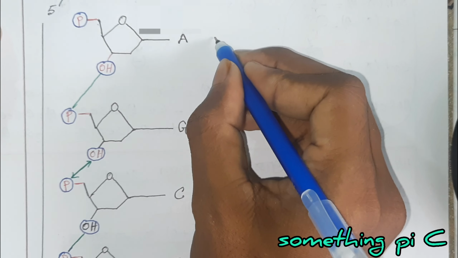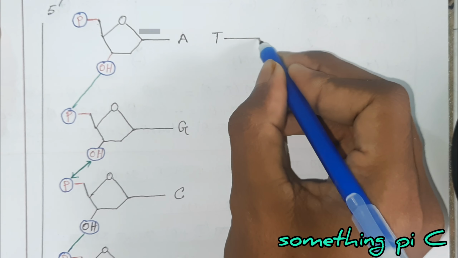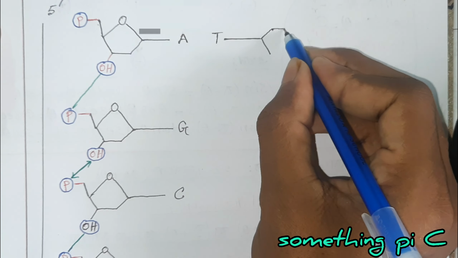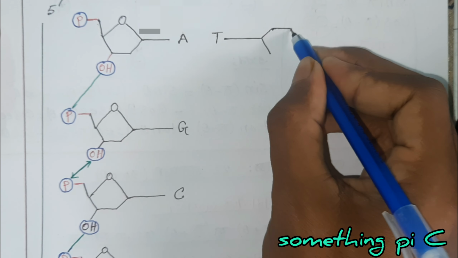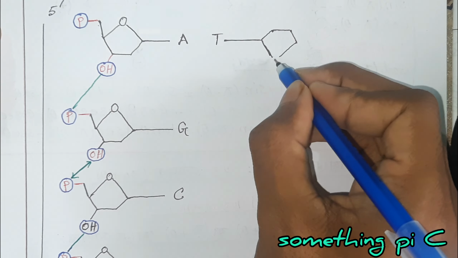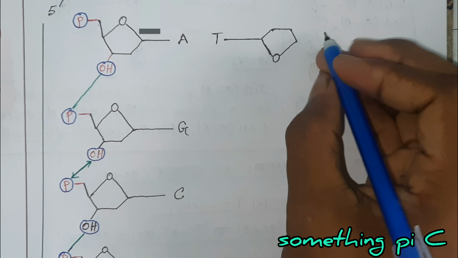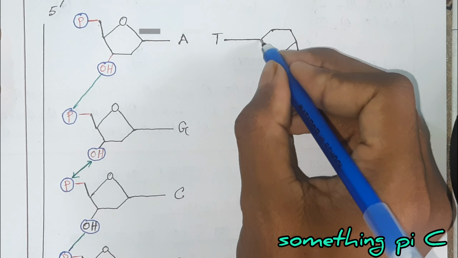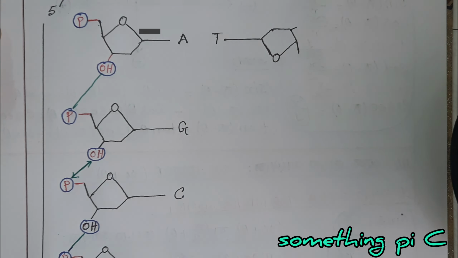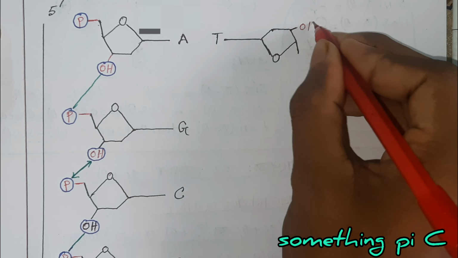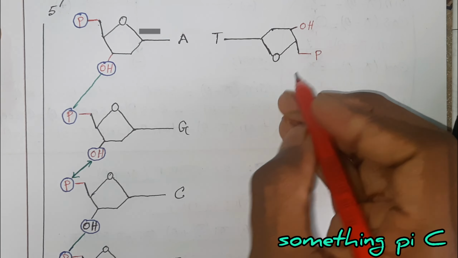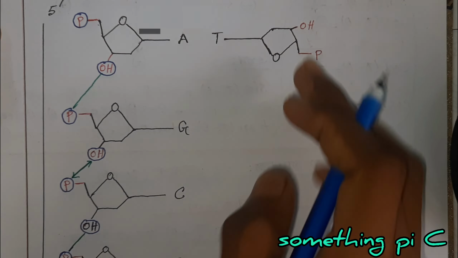So we can say that in the first nucleotide, the phosphate terminal is called 5', and in the fourth nucleotide the OH group, which is on carbon number 3, is not connected with another nucleotide. So this terminal is called 3'. And now it's a single strand structure of DNA.